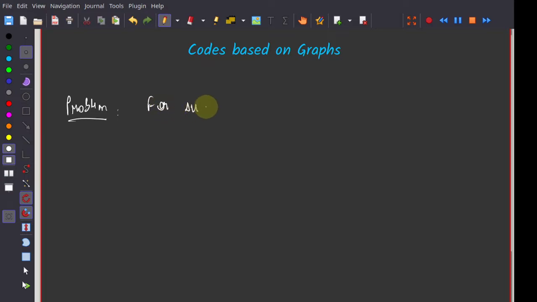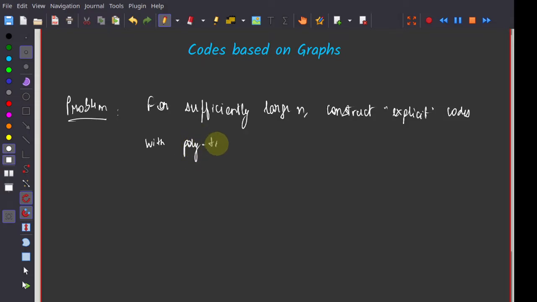For sufficiently large block lengths, we want to construct, in some sense, explicit codes with polynomial time encoding and decoding.